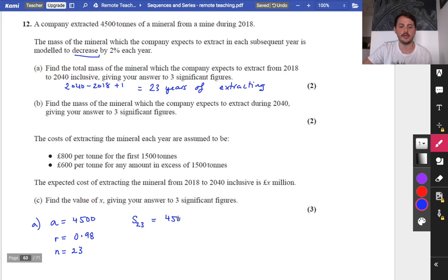So that is going to be A, brackets, 1 minus r to the power of n, all divided by 1 minus r, okay? So if I put this in my calculator, 4,500, 1 minus 0.98 to the power of 23, all over 1 minus 0.98.